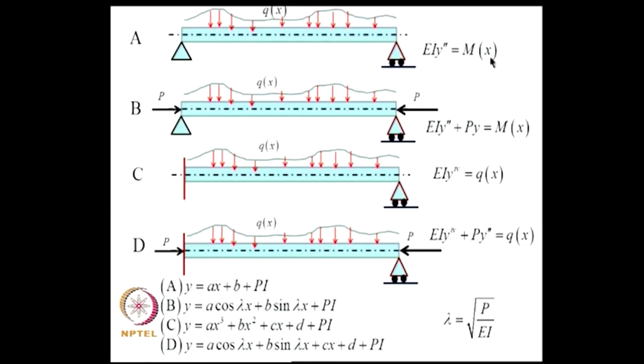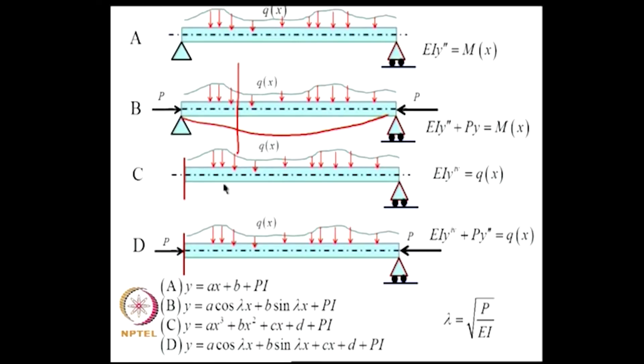Now, when the beam carries an additional load p, on the deflected profile, when I take the bending moment at any point, in addition to the bending moment due to q of x, there will be a bending moment due to p into this deflection, which I call p y. There is something very interesting in the way we write this term. I will come to that as we go along.